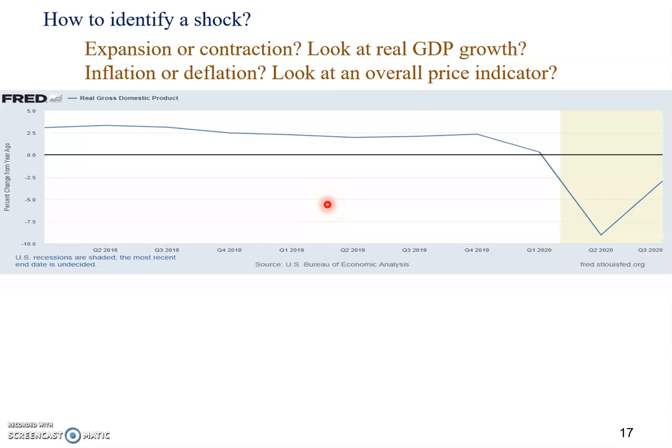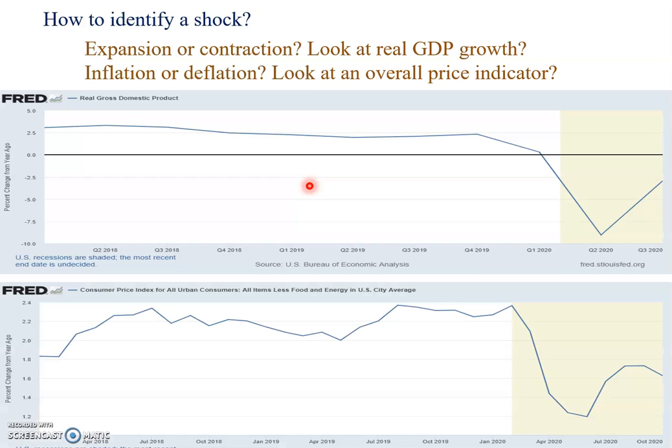And of course you could say this is a contraction. But remember what causes the contraction? Is that the demand shock or supply shock? We also need to look at the overall price level, right? So here, what I'm pulling out is the CPI, Consumer Price Index, for all urban consumers, all items less food and energy.